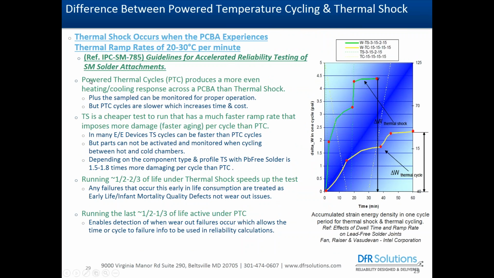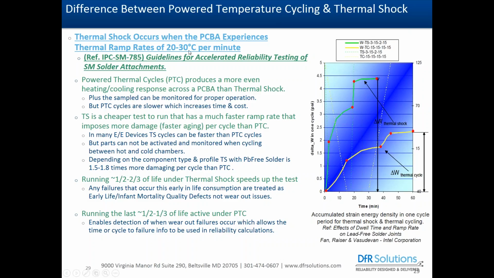Another interesting fact in accelerated testing is we know now that thermal shock testing, where you have a two-chamber test equipment, with a hot compartment and a cold compartment, and a trolley or slide moves the samples back and forth rapidly from hot to cold, produces very rapid ramp rates at the board.